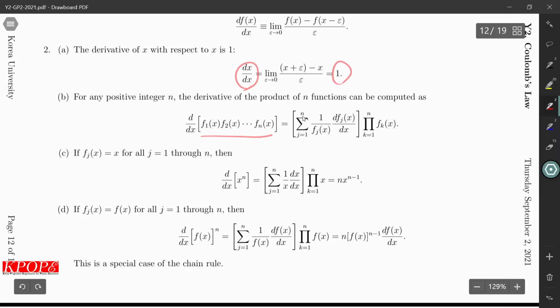We have multiple functions, the product of n functions. How can I take the derivative? You can do this with this formula.